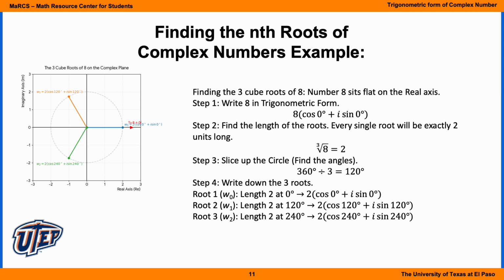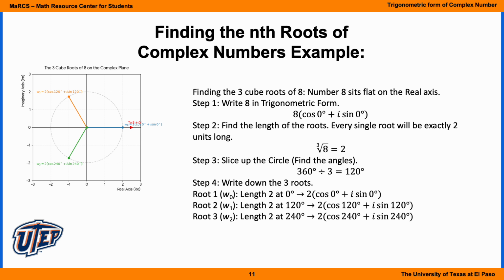Now we slice up the circle, we find the angles, so we divide by 3 since we're looking for the 3 cube roots. So 360 degrees divided by 3 gives us 120 degrees. So now we can write the 3 roots. So for root 1, we have length 2 at 0 degrees, so 2 times cosine of 0 plus i times sine of 0.